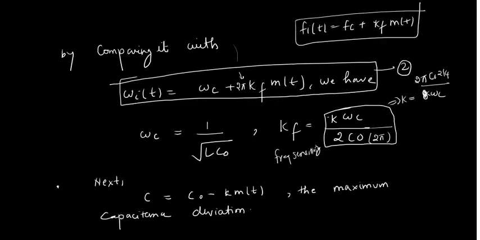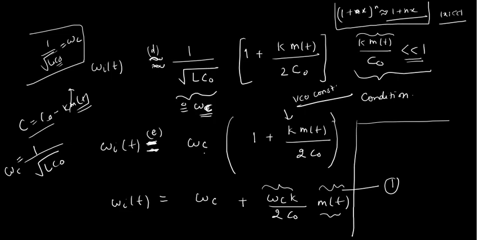So if you remember, the instantaneous frequency of your FM signal is this, where Kf is the frequency sensitivity of the FM modulator, right? So if we just convert it to radians per second, we can write like this. Here omega C is 1 upon root L C naught. We compare equation 2 with equation 1.